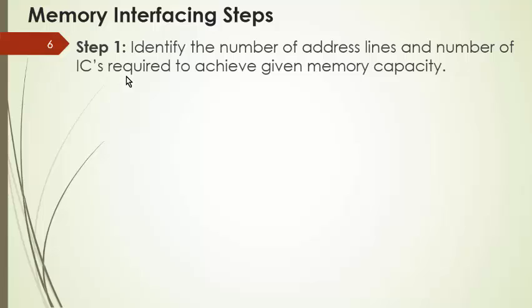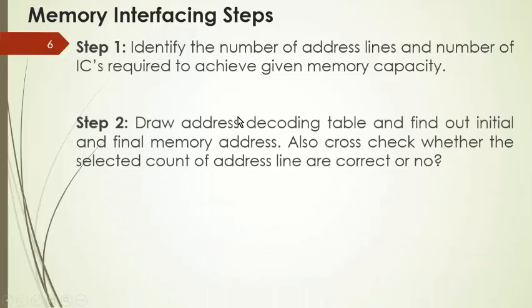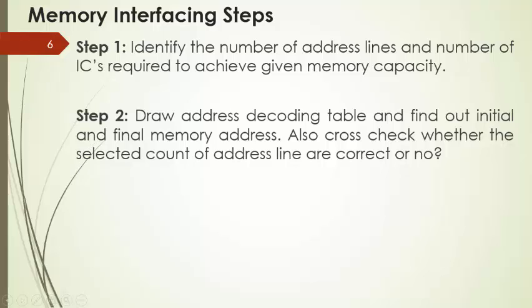So you have to calculate the number of address lines depending on the given memory capacity, and you have to calculate the number of ICs or chips required to fulfill the total memory capacity.